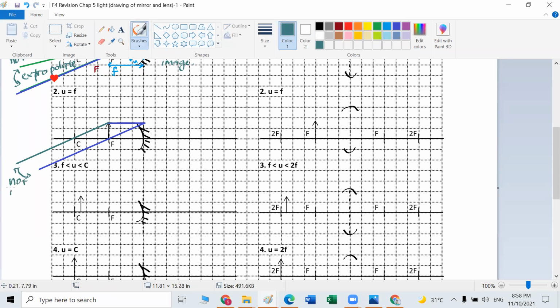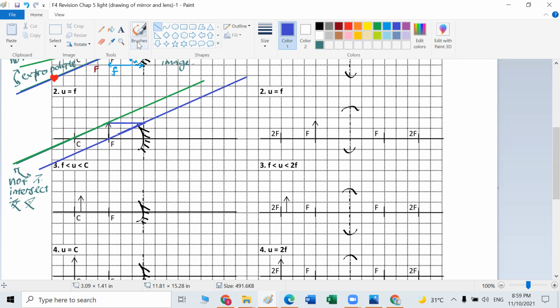Not intersecting. Intersect means crossing, they cannot cross. If they don't cross, what do we do? We have to extrapolate. Okay, so we extrapolate. Extrapolate. Okay. Extrapolate. Then you will find out.